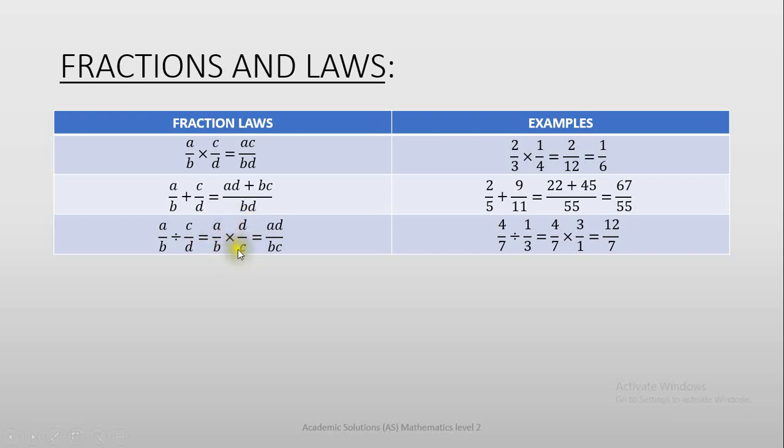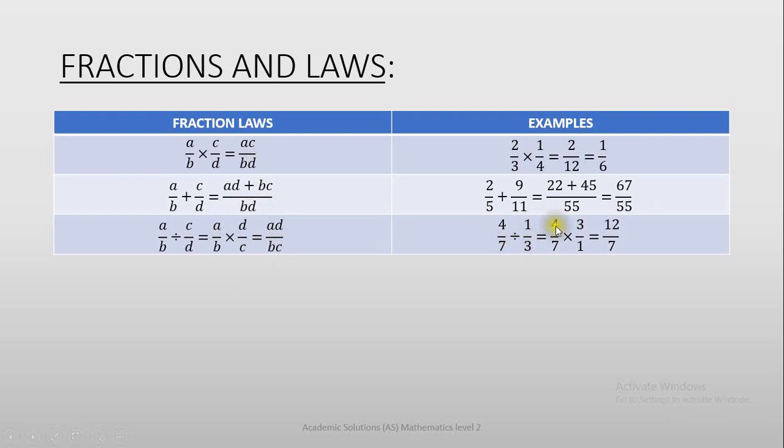The reason for us to do that, we need to change it into multiplication so that we can be able to calculate. So the next step, it says AD divided by BC. So this part is not different from the first law that we did there. So that's why we ended up having this answer.